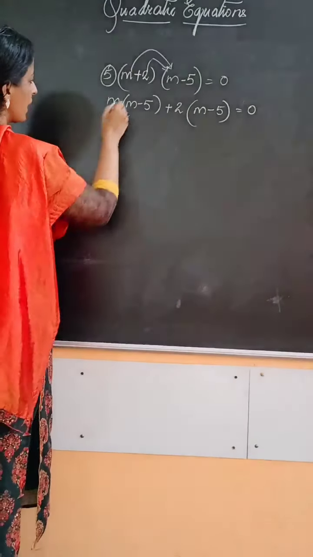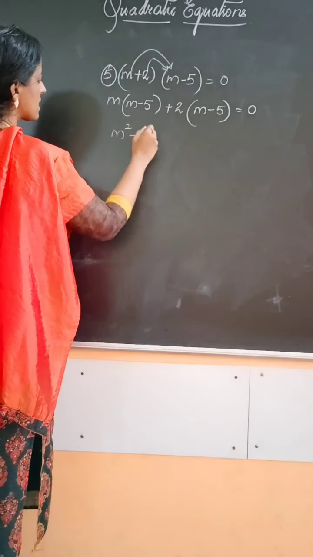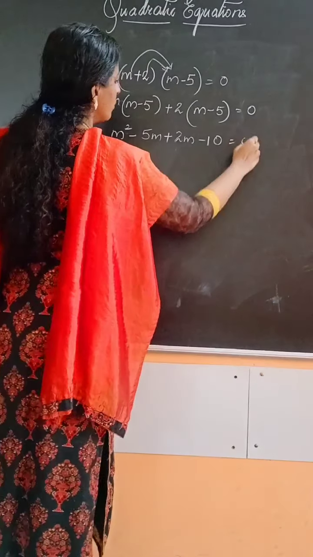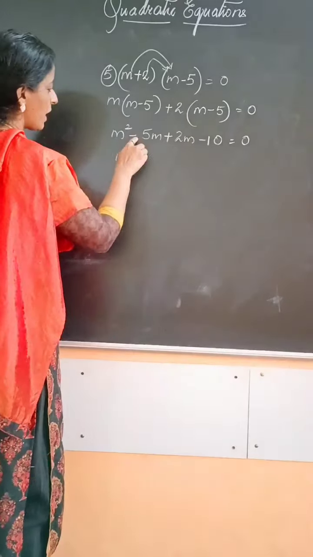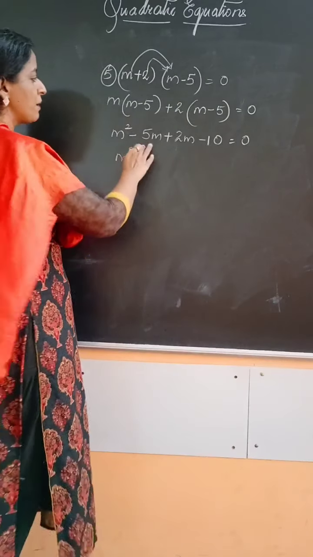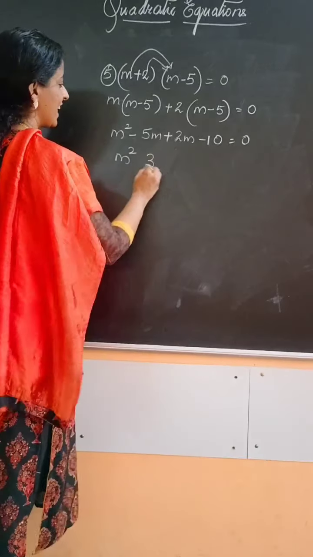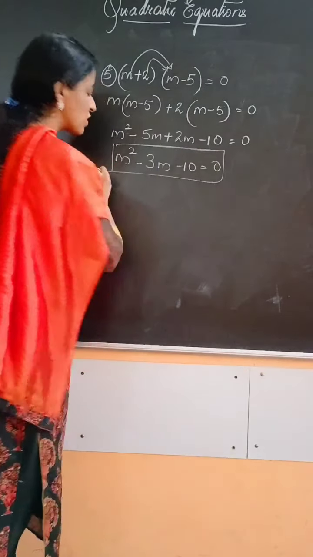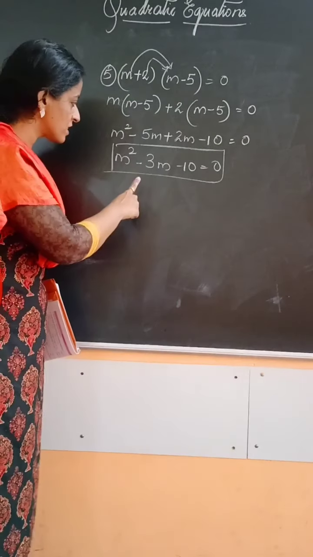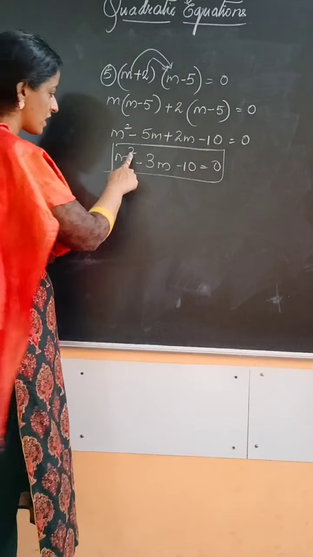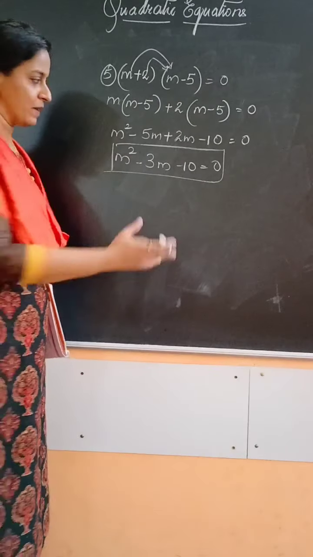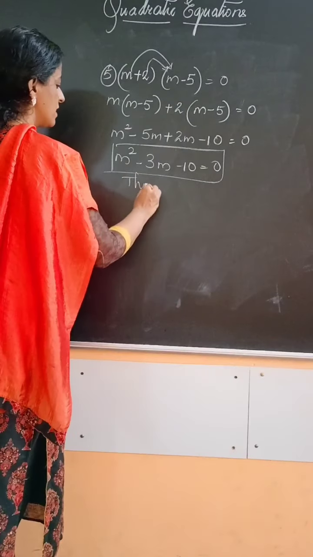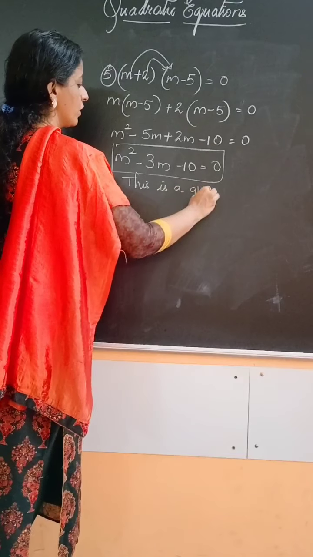That gives m square minus 5m plus 2m minus 10 equal to 0. Minus 5 plus 2 is minus 3, so m square minus 3m minus 10 equal to 0. Is this coming in general form? The highest degree is 2 and there is 1 variable. So this is a quadratic equation.